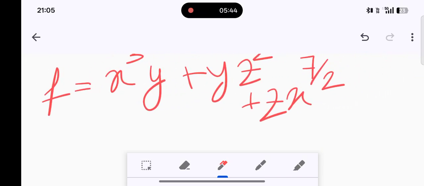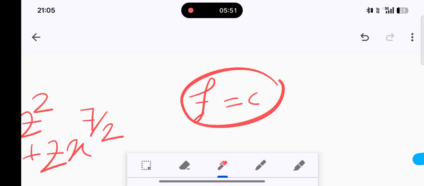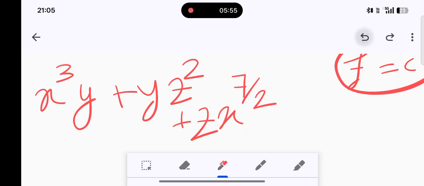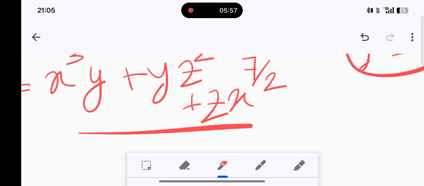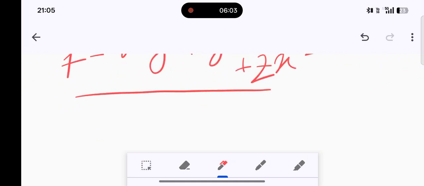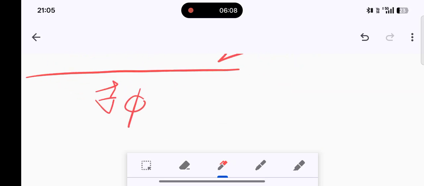Don't tell me the constant is equal to 0. No, that is not true. The equation will be given in the format f equals c, where c is a constant. You can't say c is a variable, right? However, this is phi, so you just have to do a simple operation with the nabla operator so that you can get the gradient.